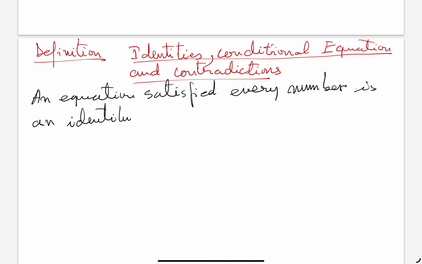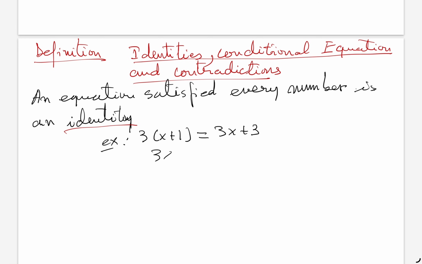Okay, here is an example for the identity. One example is when you have, for example, 3x minus 1 plus 1 is equal to 3x plus... If you have to solve this one, you will have 3x is equal to 3x plus 3.